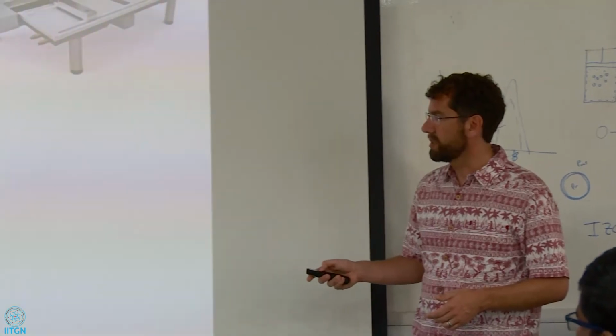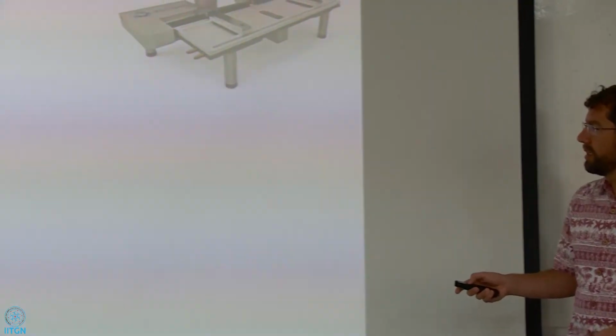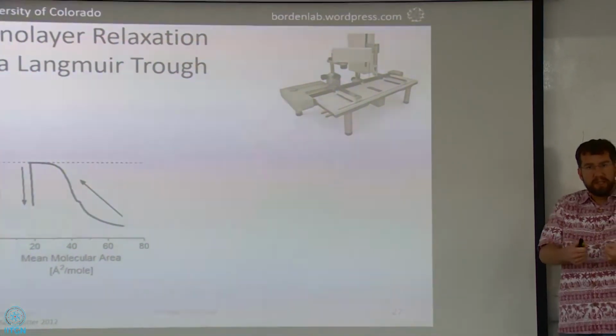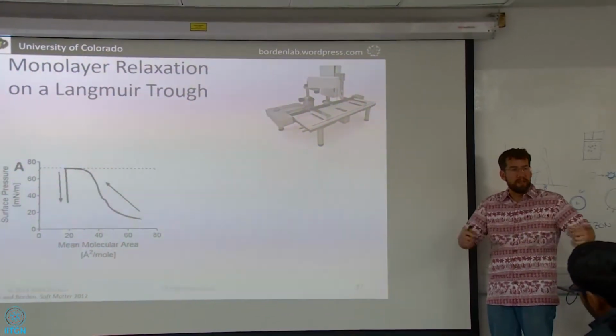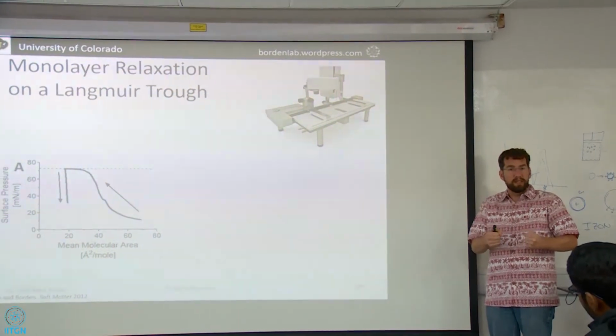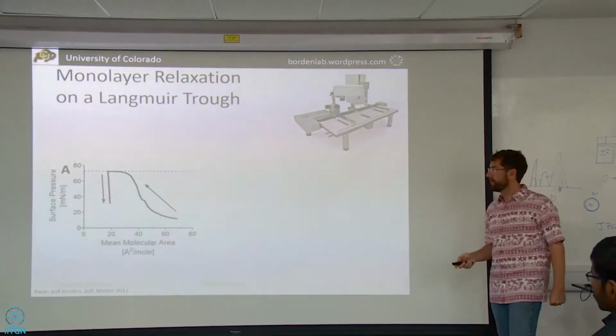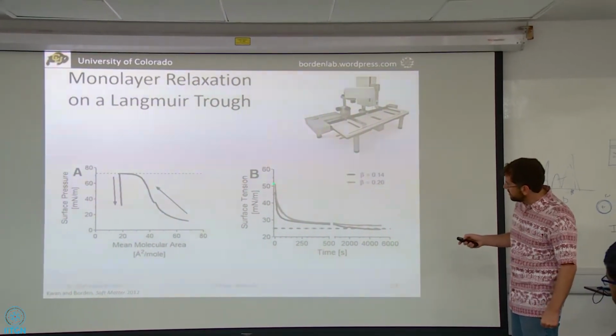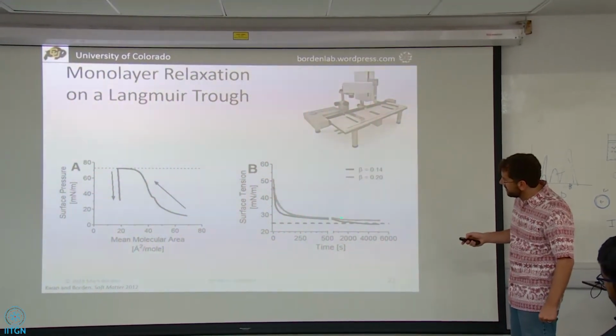And then let it sit there for some period of time. And then suddenly expand it, fracture it. So you compress it, force it together, let it condense, and then suddenly fracture it, and see what happens. And lo and behold, the surface tension decays exponentially.